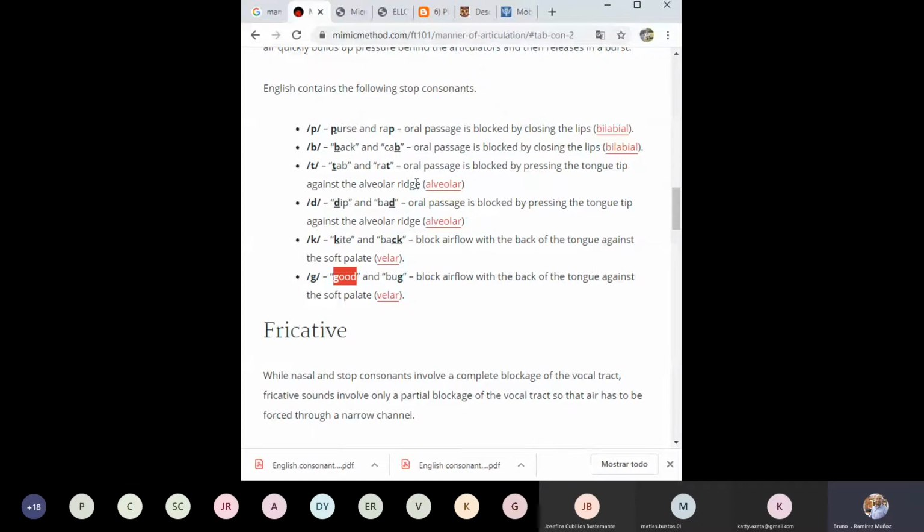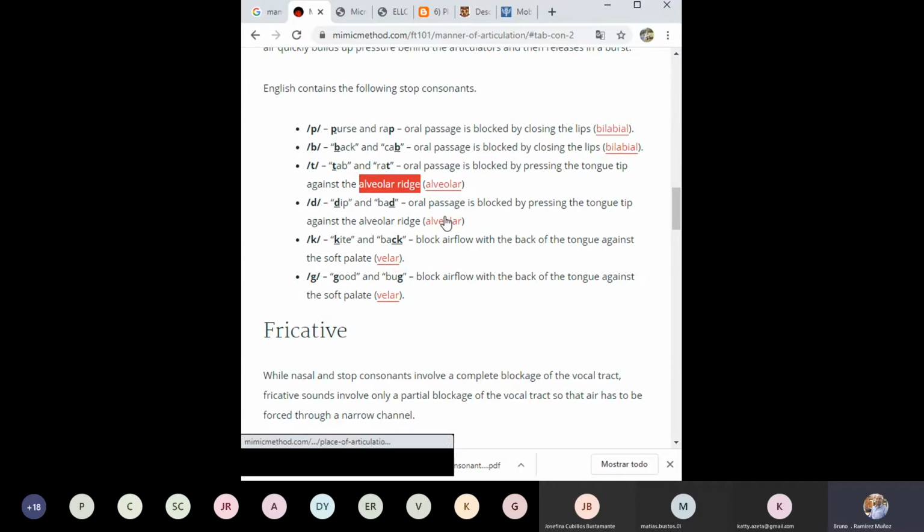And also, when you say alveolar ridge, remember to say alveolar ridge and not alveolar rich. This is the general comment, okay? Because rich is spelled R-I-C-H. For someone who has a lot of money, we call that person a rich person, right?